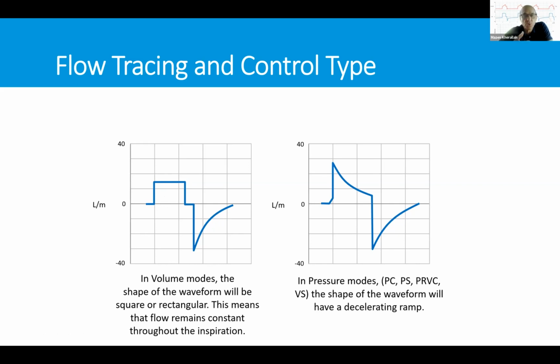But if you see a square wave in the flow, that's for sure, meaning that it is volume mode. In pressure modes, whether it is pressure control, pressure support, pressure regulation, PRVC, or volume support, the shape of the waveform will always be decelerating. But again, a decelerating flow wave can be seen in, or can be set in, volume control mode of ventilation.